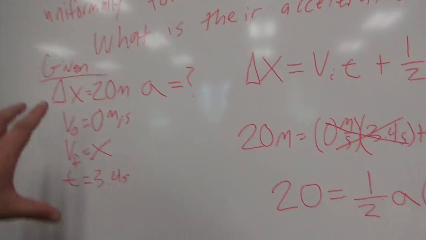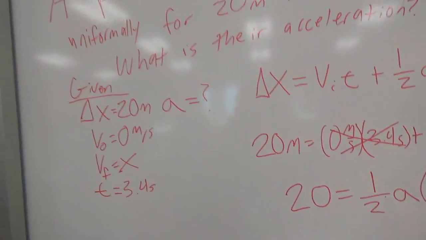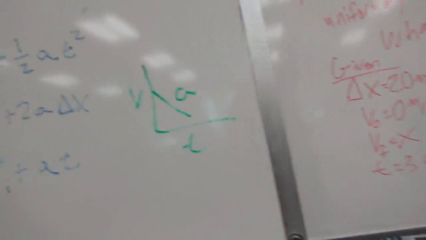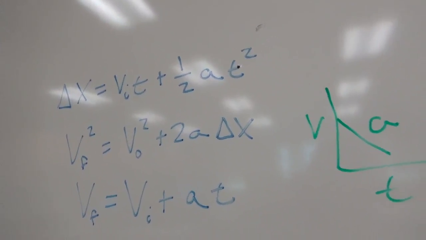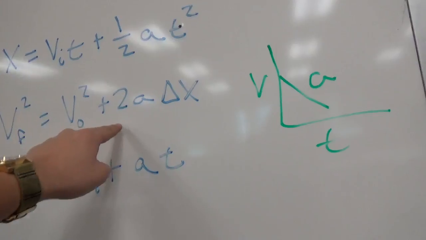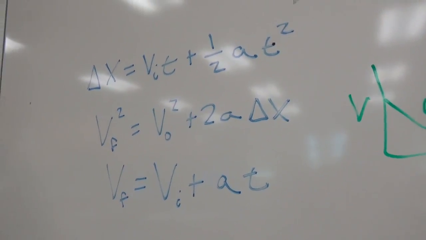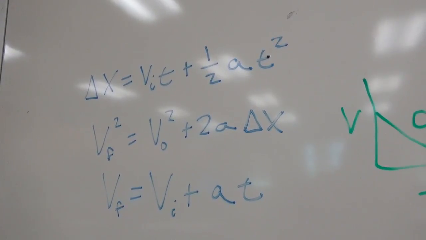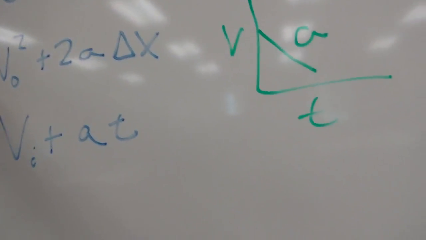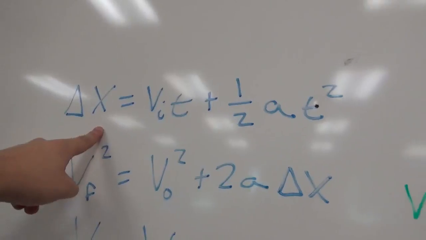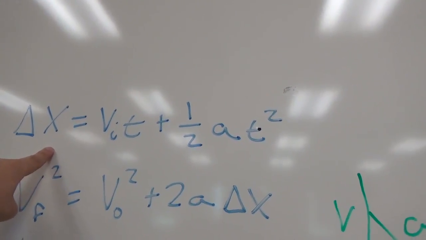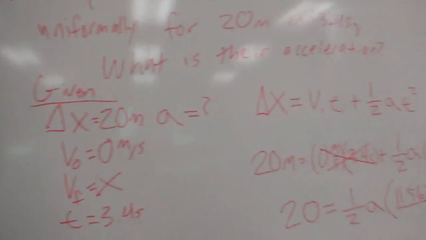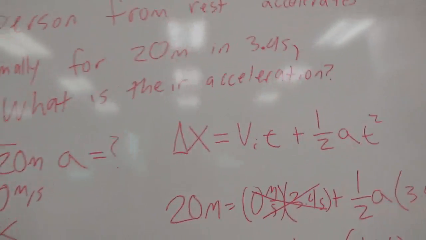Then, after I have all my givens and what it's asking for, I turn to the equations and I say which equation has to do with all the variables that I need and the ones that I have. This one right here happened to have all the variables that I had and that I needed. So I wrote it down.